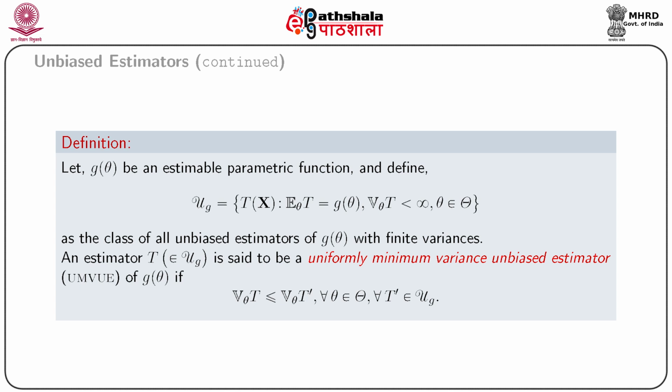That is, U_g equals the set of all T such that expectation of T equals g(theta) and variance of T is finite for all theta belonging to Theta. An estimator T belonging to U_g is said to be a uniformly minimum variance unbiased estimator of g(theta) if variance of T is less than or equal to variance of T dash for all theta and for all T dash belonging to U_g.